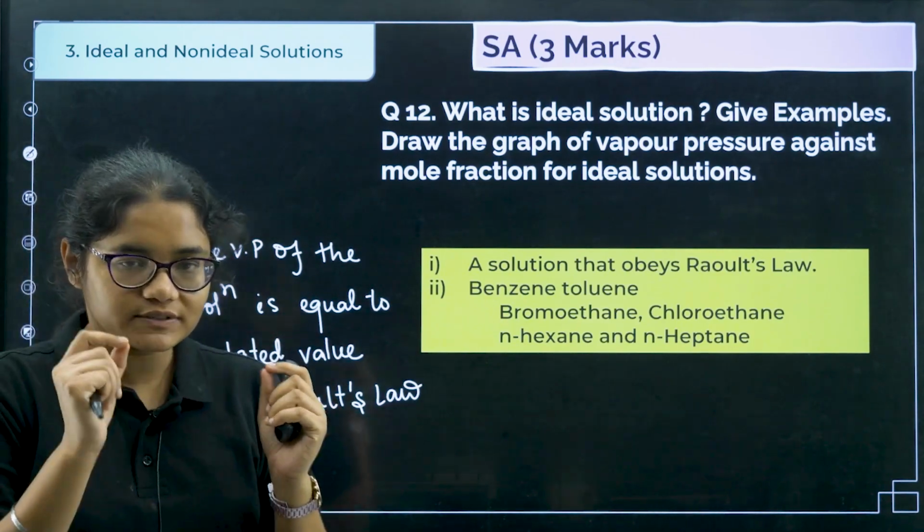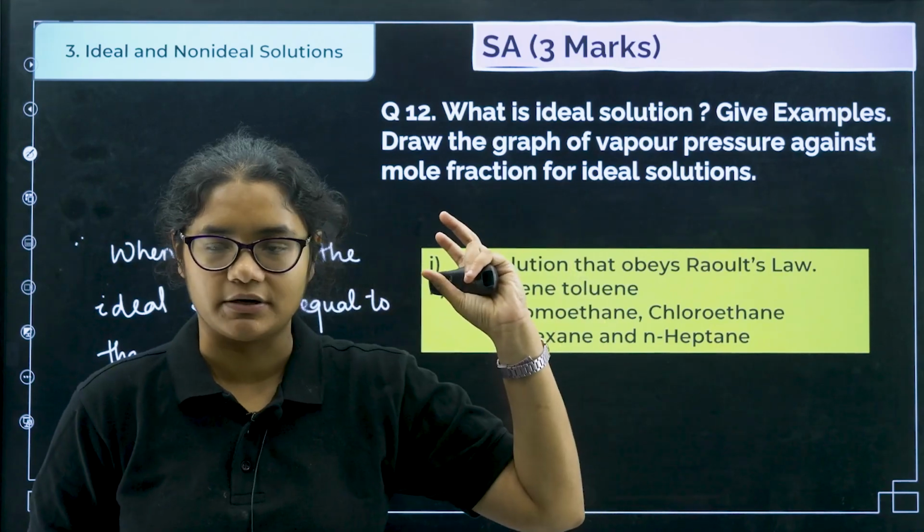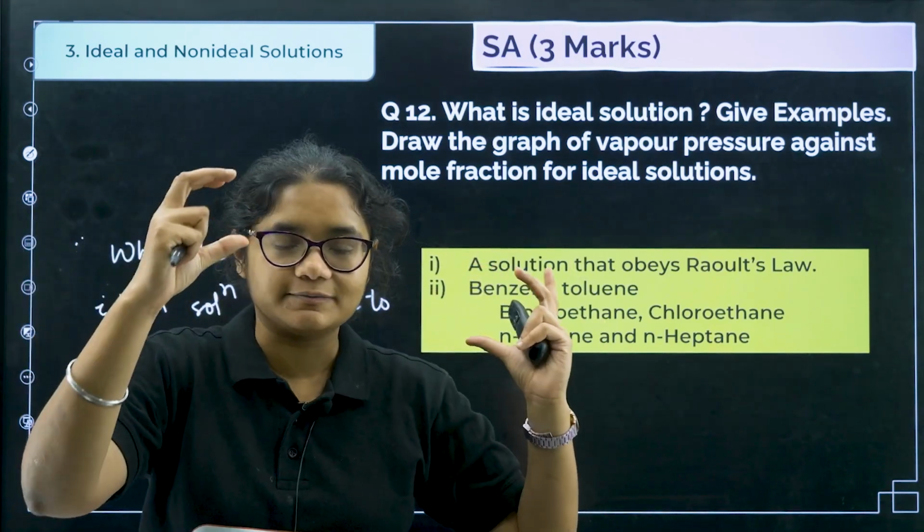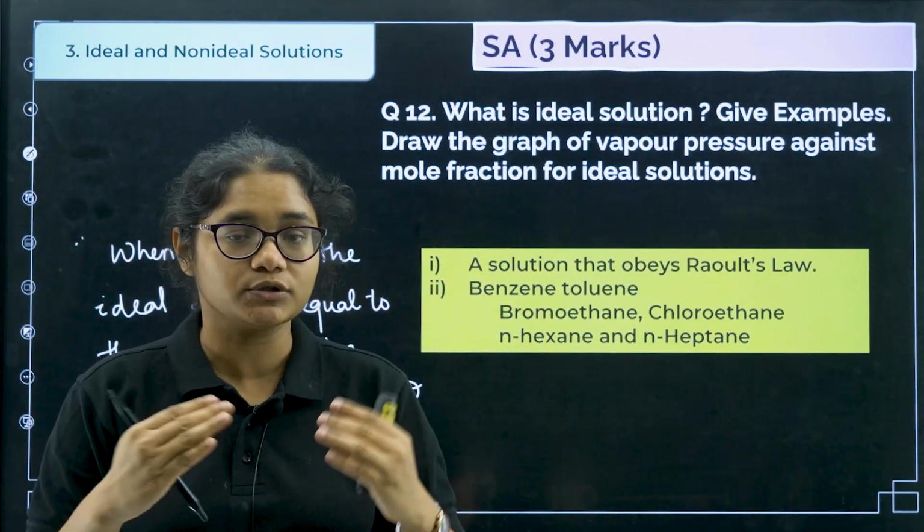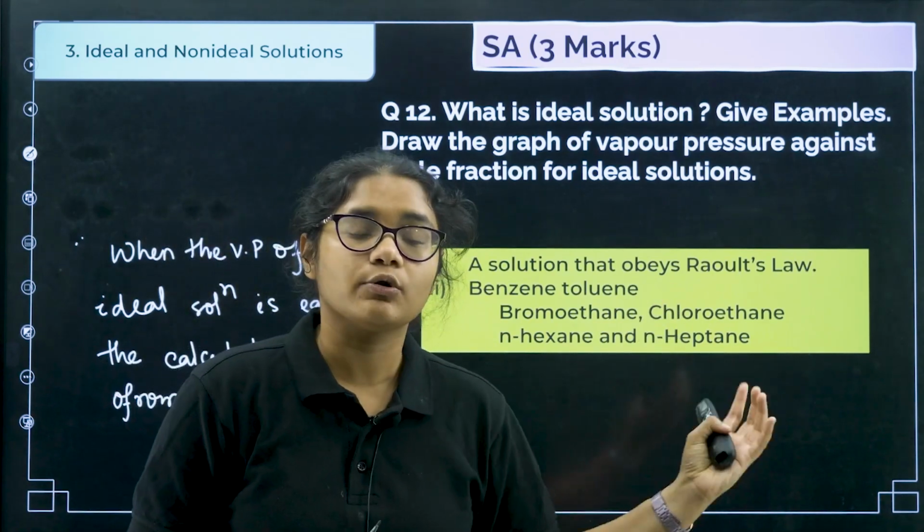It means using Raoult's law you calculated some vapor pressure, and you did the experiment and observed the vapor pressure. If both are coming out equal, then it is said to obey Raoult's law.